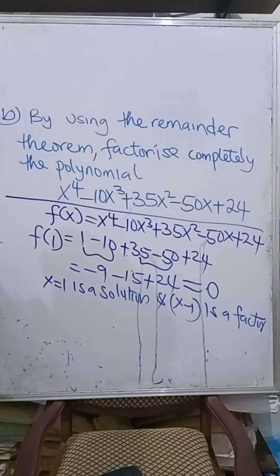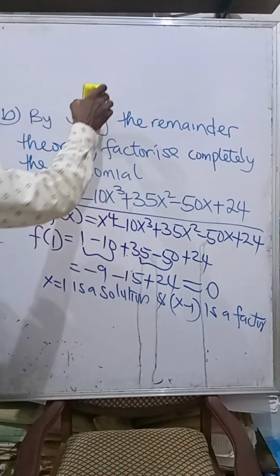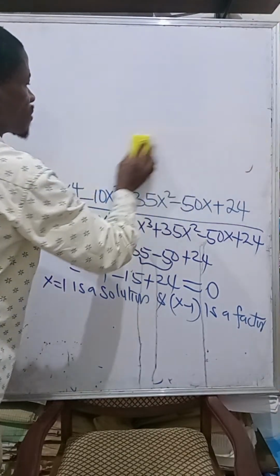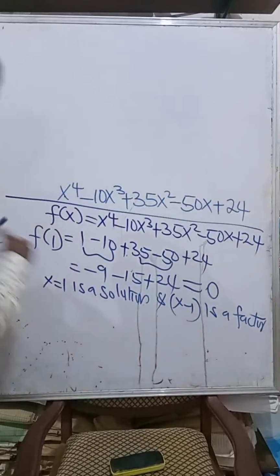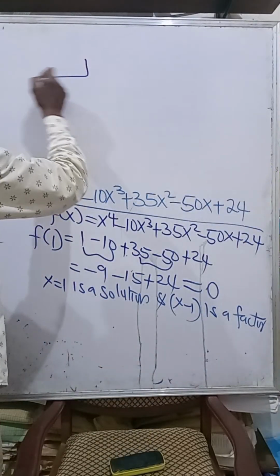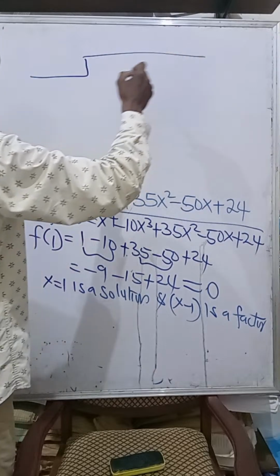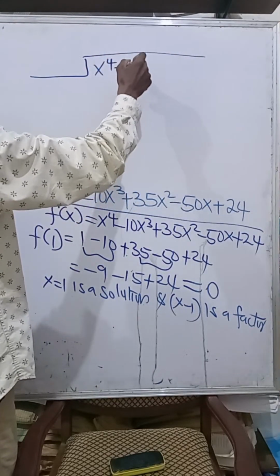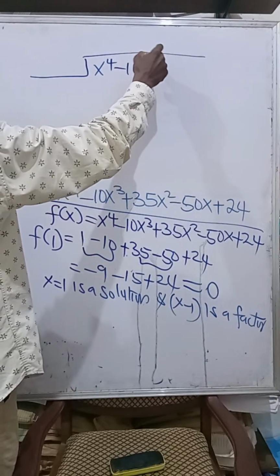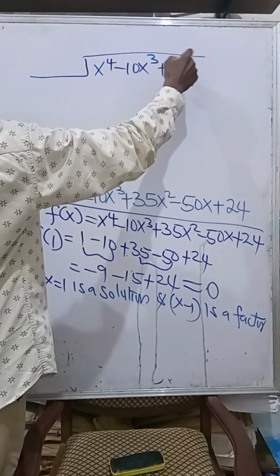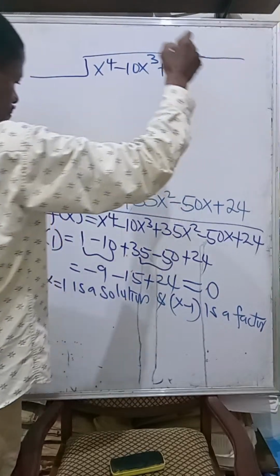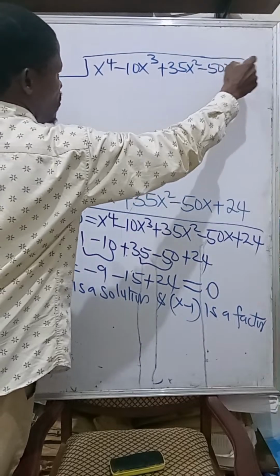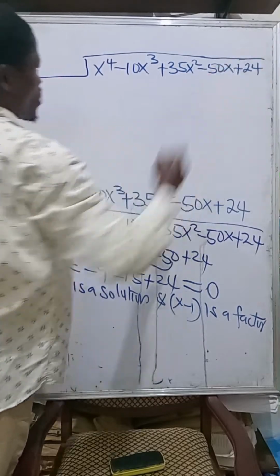The polynomial function is this, plus 35x squared minus 50x plus 24. So that's what we have.